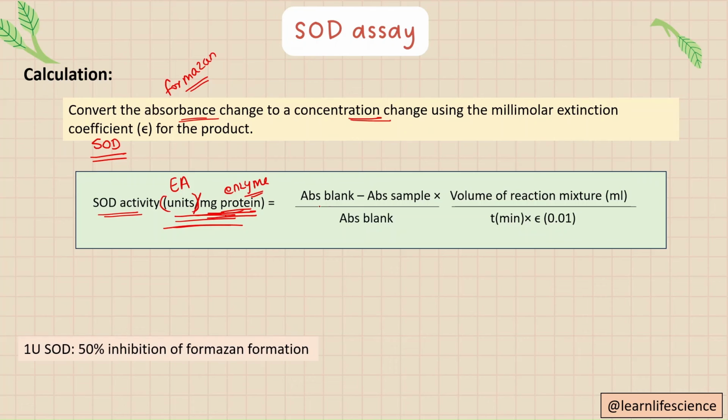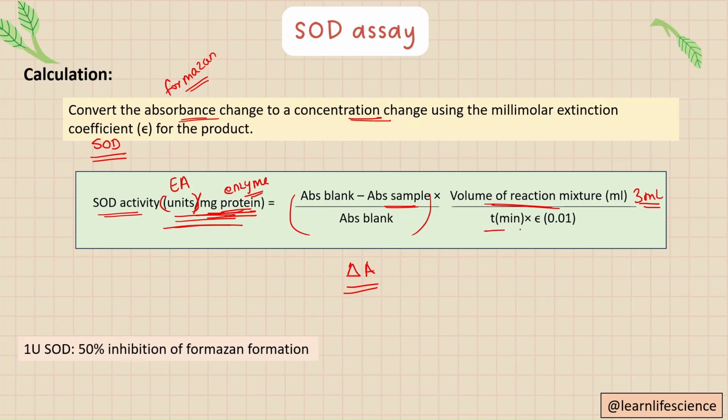So firstly, the absorbance of the blank will be subtracted from the absorbance given by the sample. Then this is simply the absorbance change. So first you calculate the absorbance change, then multiply it by the volume of the reaction mixture. For example, in this case we have taken 3 ml of the reaction mixture.